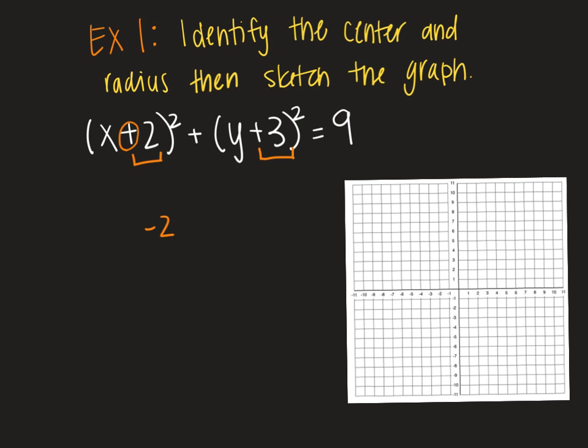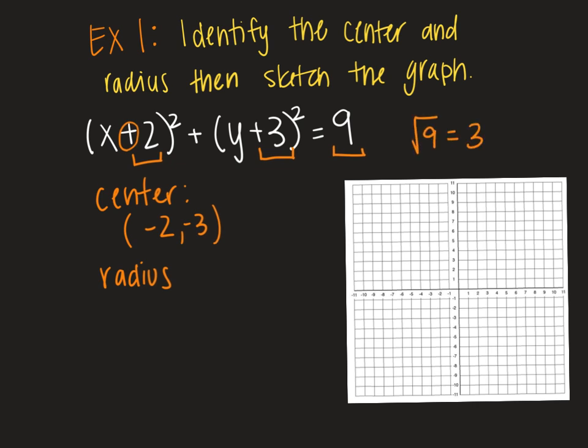If it is a positive 2, then your center is going to be a negative 2. This is a positive 3, that means your y coordinate is going to be a negative 3, and that's your center. To find your radius, this right here is r squared, so we need to square root it. The square root of 9 equals 3. So my radius equals 3.